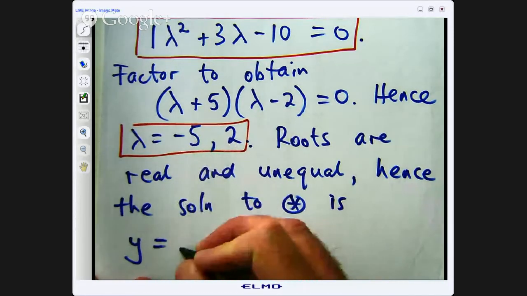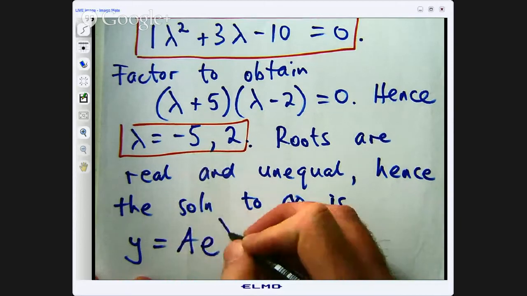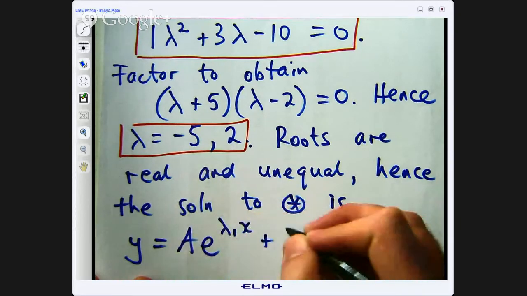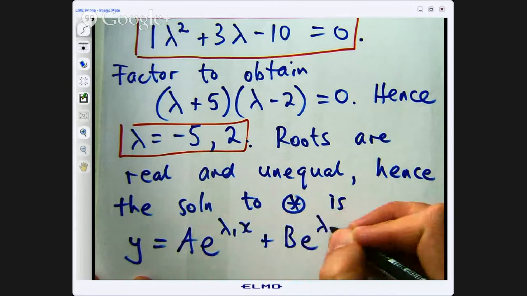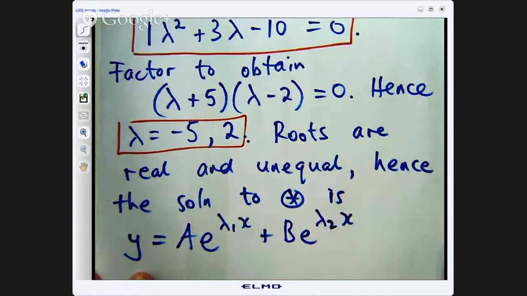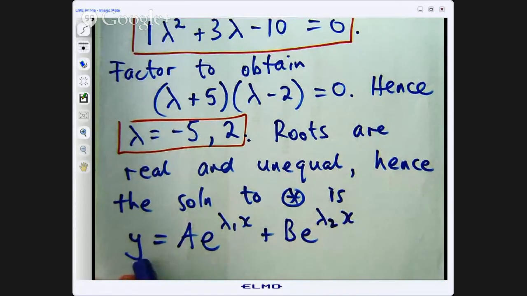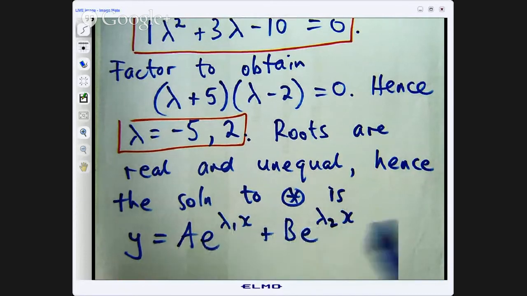Let me show you what I mean. So we've got the solution y equals this combination of exponentials, where a and b are just arbitrary constants.